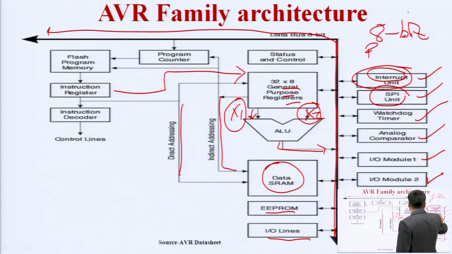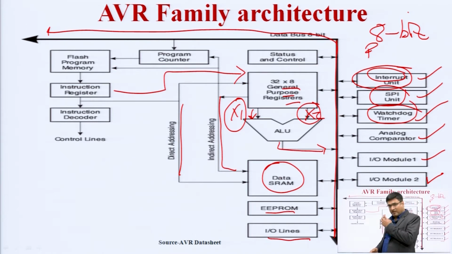After that, there is an SPI unit. We have seen in our previous lecture that SPI stands for serial peripheral interface, and this unit controls the SPI. There is a watchdog timer. In our previous lecture we saw that this type of timer will reset or restart the system in case of a software fault.